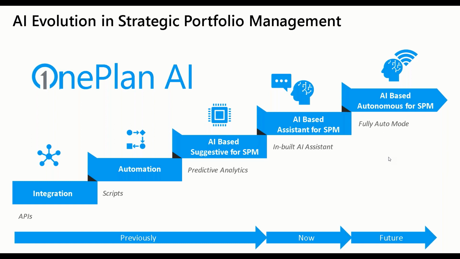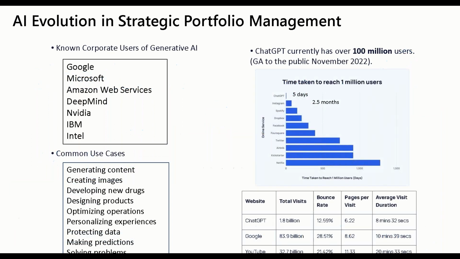Some of these queries and prompts will already be there for us, and there will be automation behind them, and that's really the next step, where we are going to be autonomous in the realm of SPM. We're not there yet, but we're accelerating towards that point.